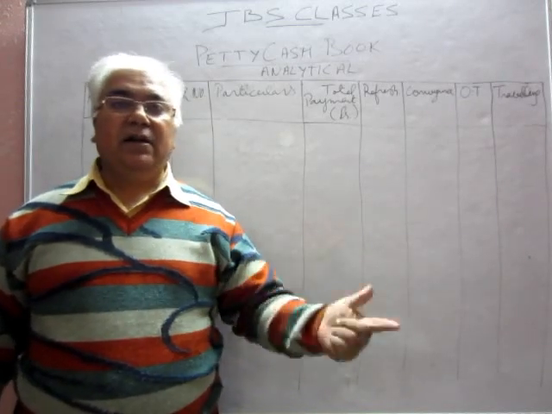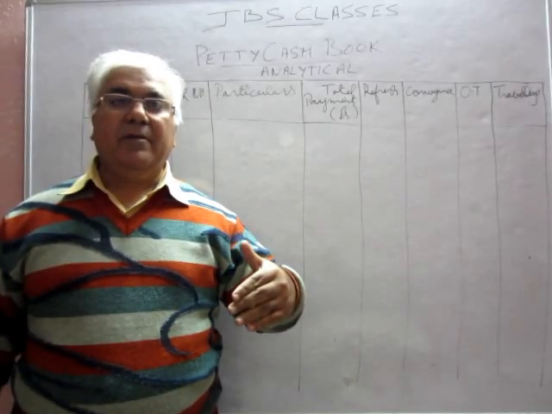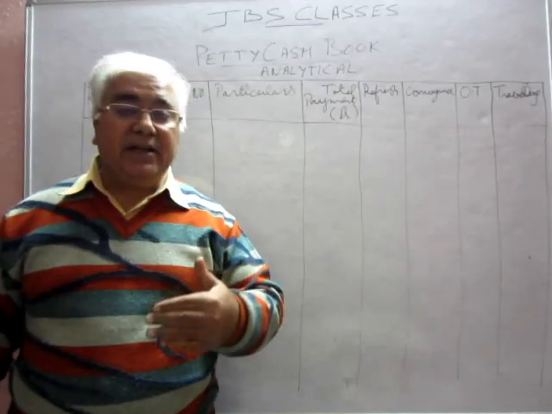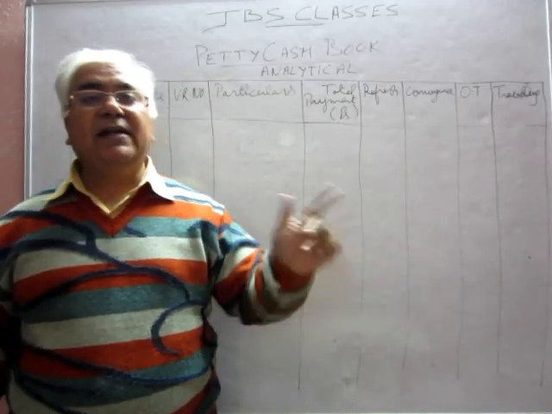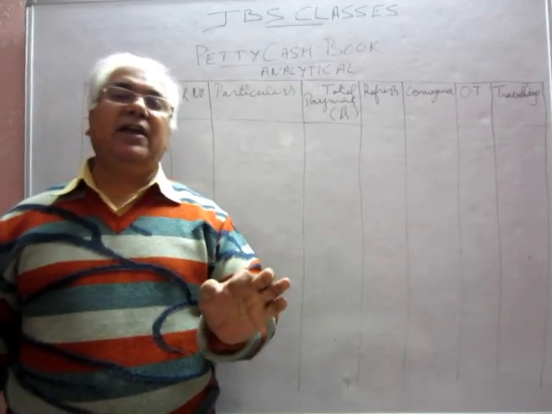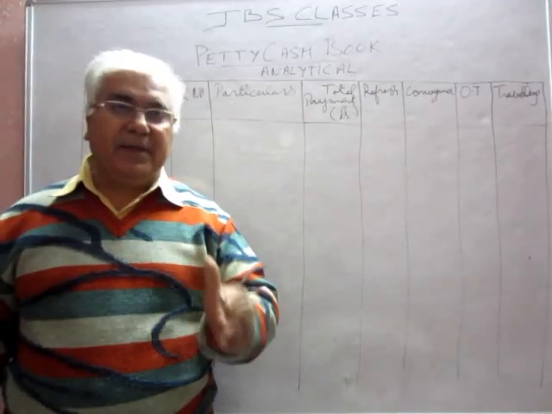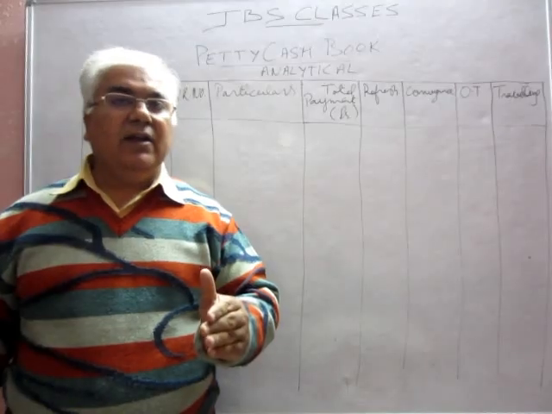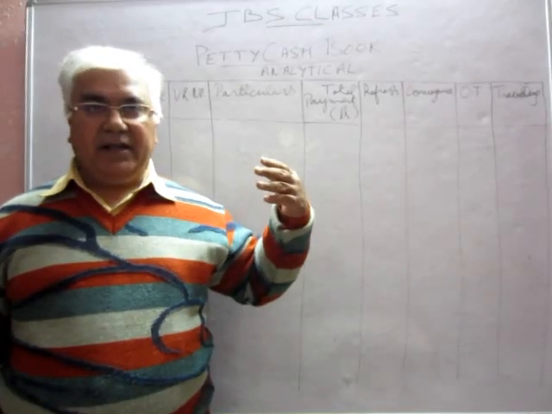Having rendered the accounts for 1500 rupees, he will recoup from the main cashier, or the main cashier will reimburse him 1500 rupees, so that at the beginning of the next 15 days period, he will again have 2000 rupees with him. This system is called imprest system. Now let us see how it works and how we record transactions in the petty cash book.